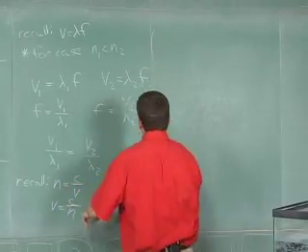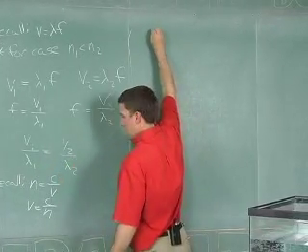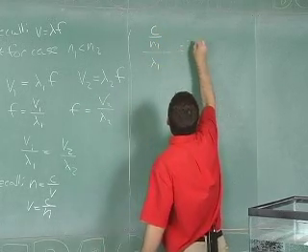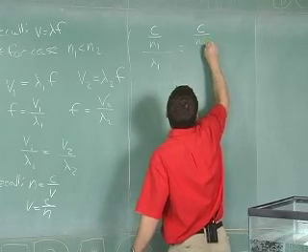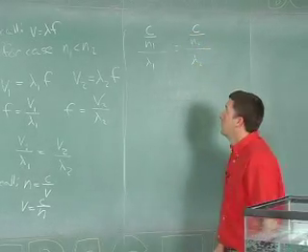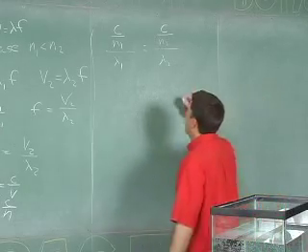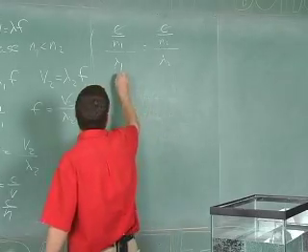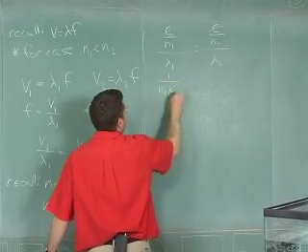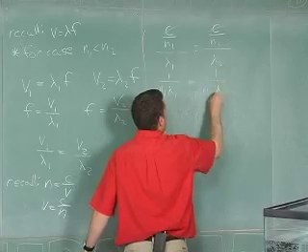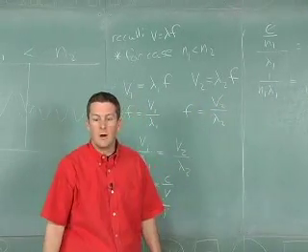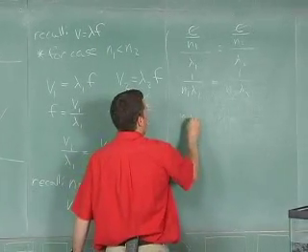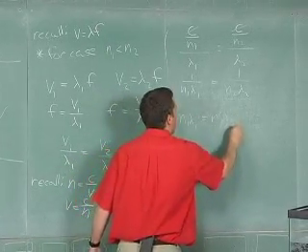That would turn these two terms into c over n1 lambda 1 equals c over n2 lambda 2. And now it's just some algebra and some simplification. We see the c's divide out, and we end up with 1 over n1 lambda 1 equal to 1 over n2 lambda 2. All right, cool. Now, cross multiplying and flipping this around, we can see that n1 lambda 1 is equal to n2 lambda 2.